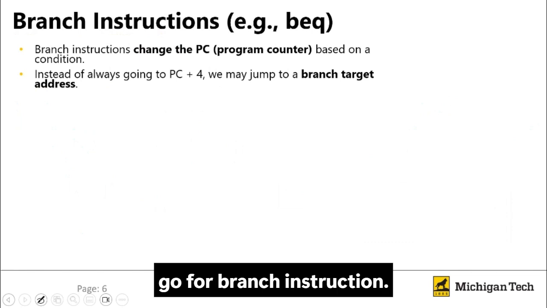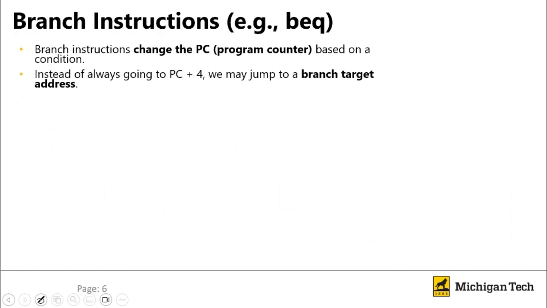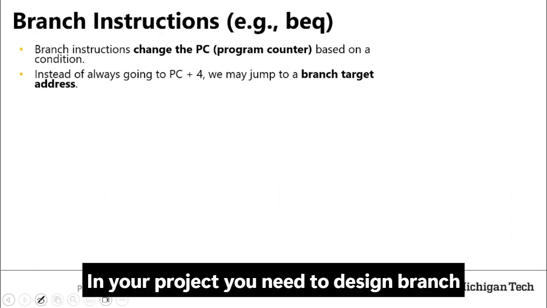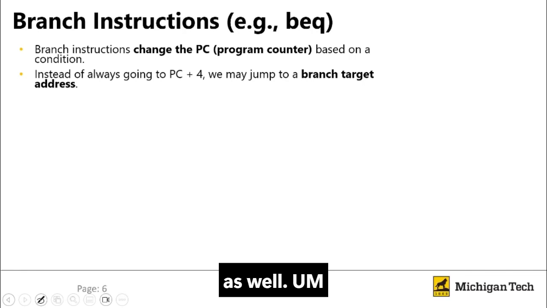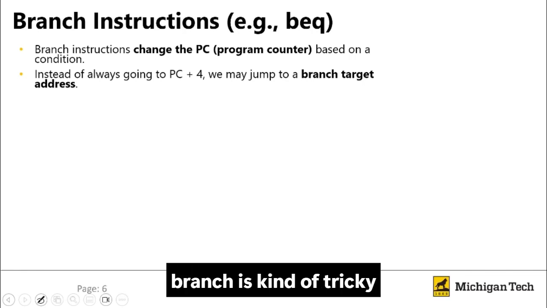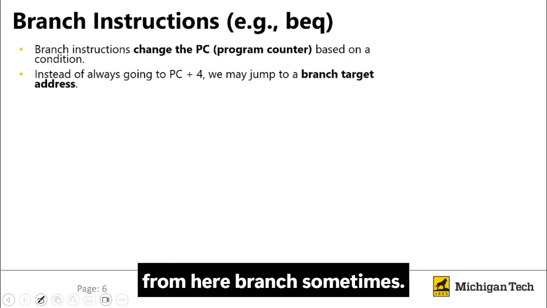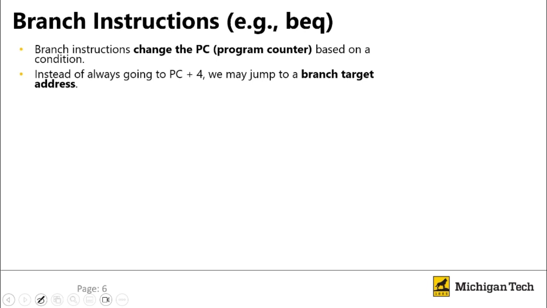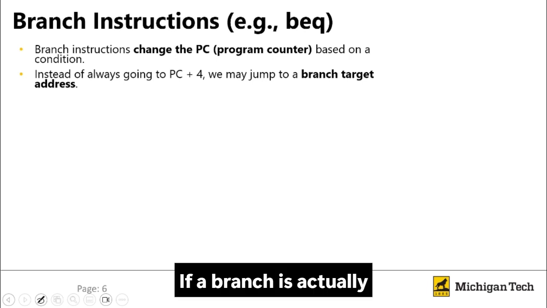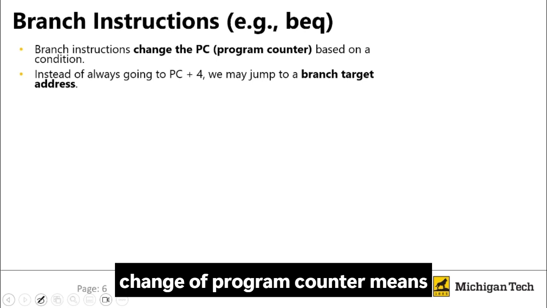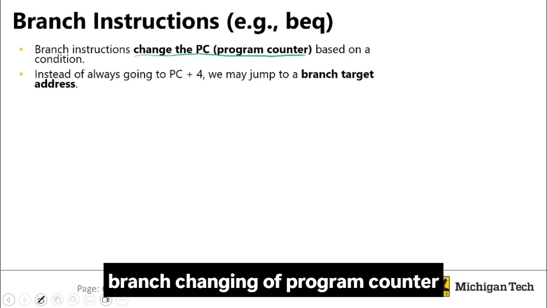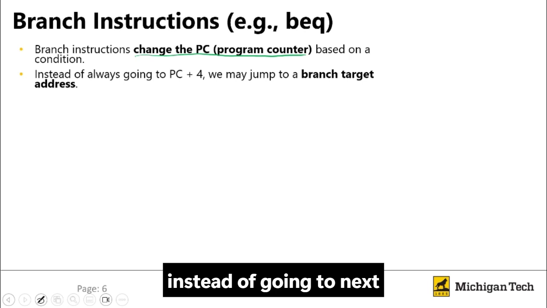Let's go for branch instruction. In your project, you need to design branch as well. Branch is kind of tricky because it has some extra parts that you need to consider. Branch means a change of program counter.